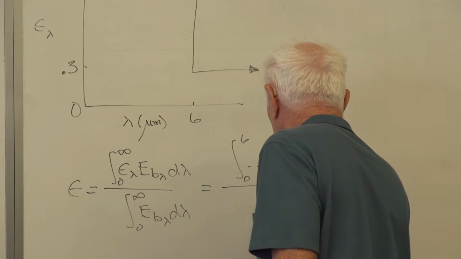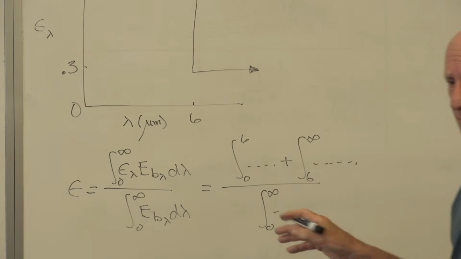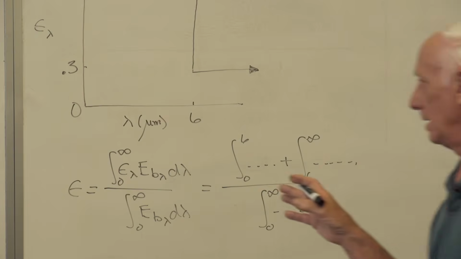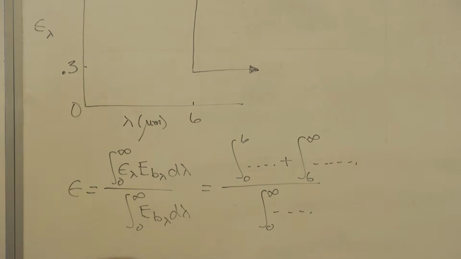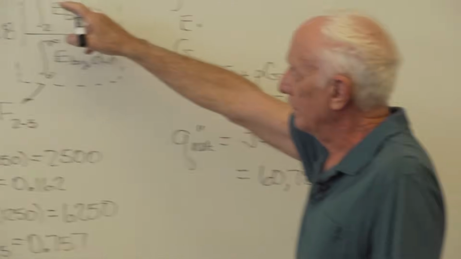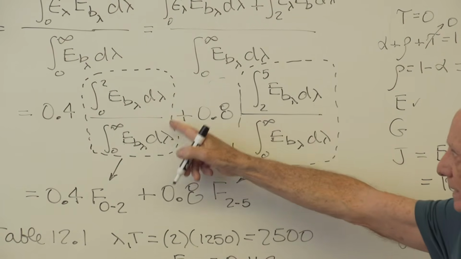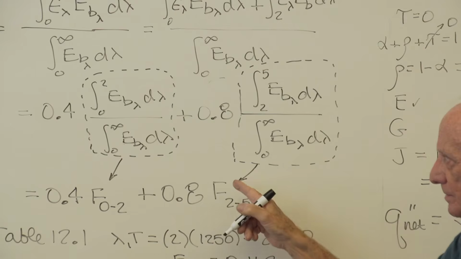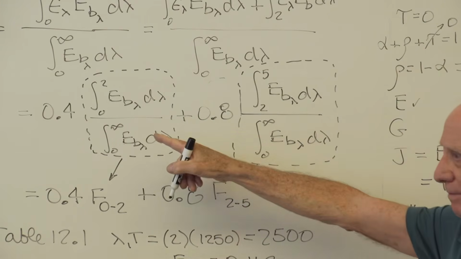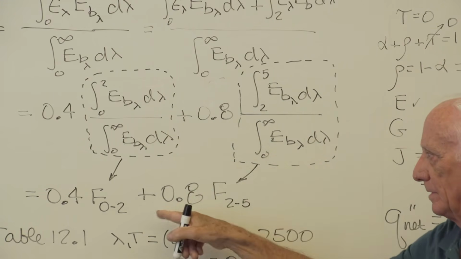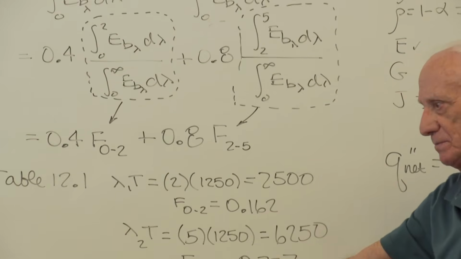Integral 0 to infinity. I'm not going to pull it down. We just did one. Here it is right here, middle panel of the blackboard. I'm not going to do another one, okay? Break it down, integrate by parts, pull out epsilon lambda, 0.4, 0.8, go to table 12.1, get the fractions, put them in there, get epsilon.